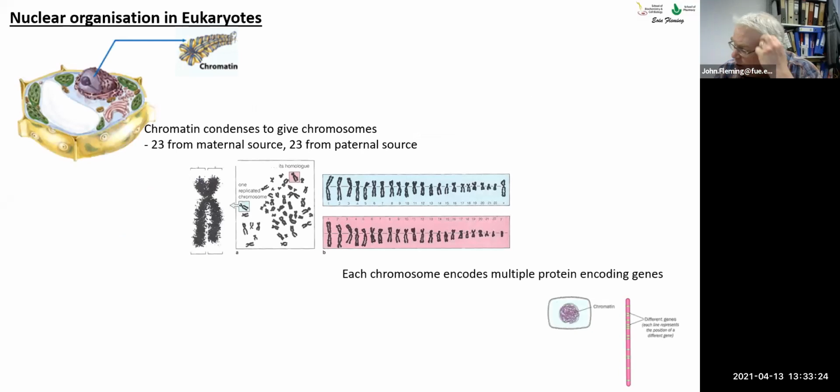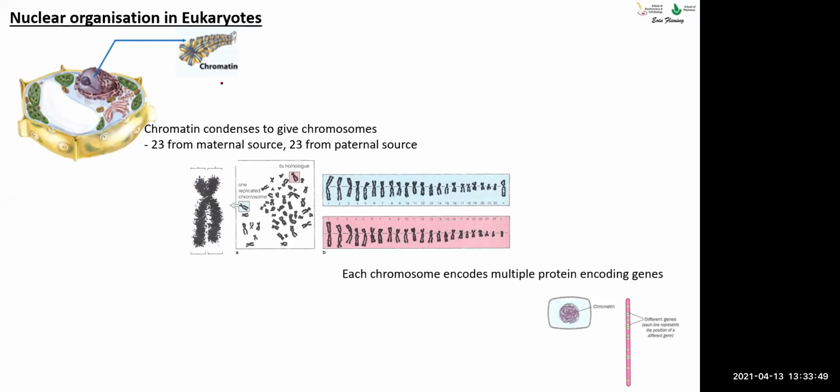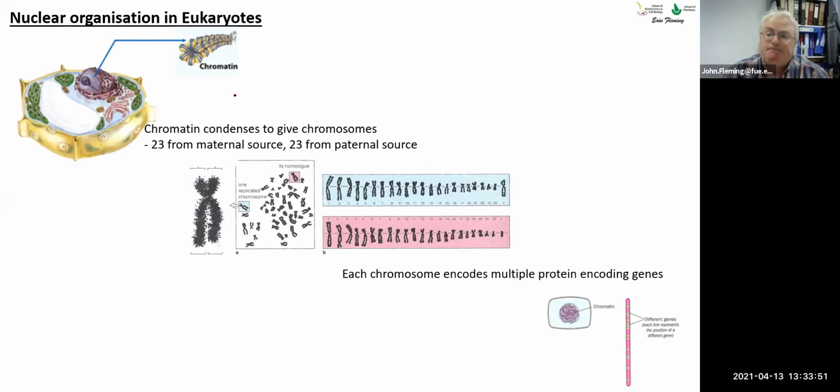And I suppose, just from the start, we know from lectures that you'll have done previously that genetic information is stored in the form of double-stranded DNA. The example that I have here on this slide is for eukaryotic cells, but it's not that dissimilar for prokaryotic cells, for microbes, for bacteria, where again, the genetic information is stored in the form of double-stranded DNA.